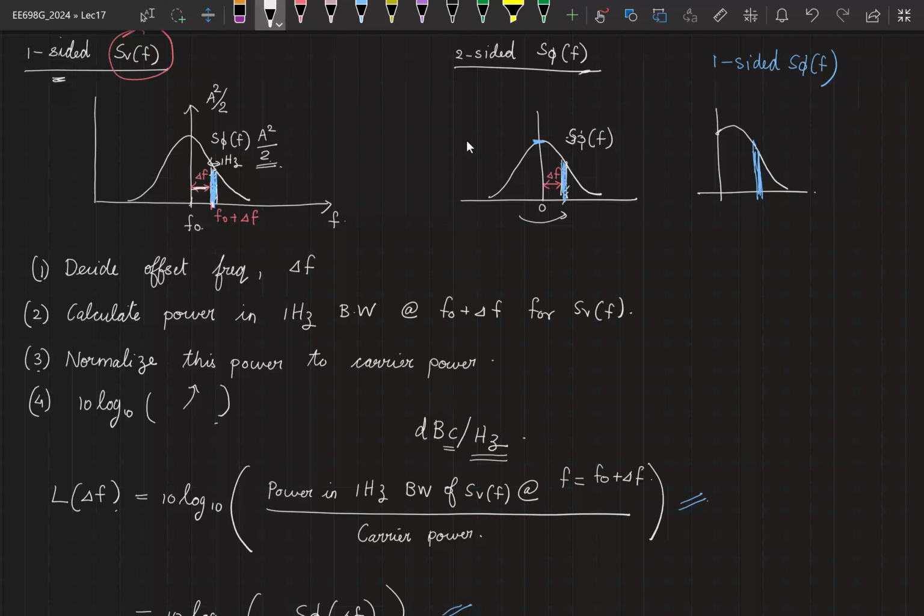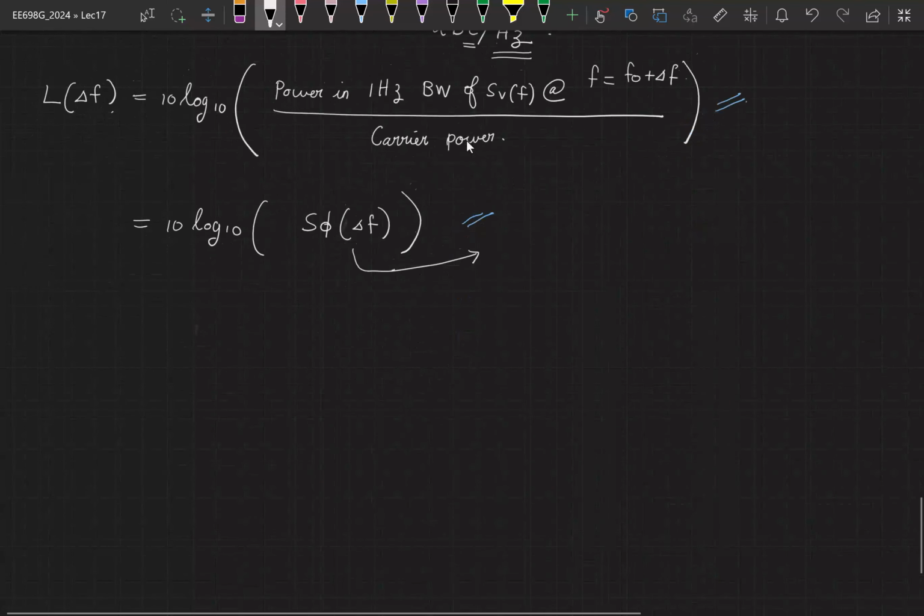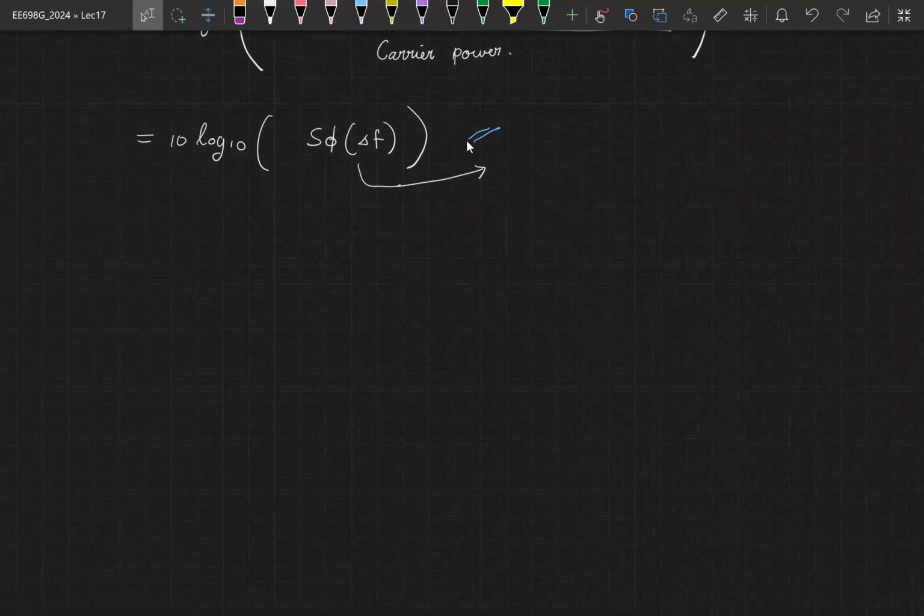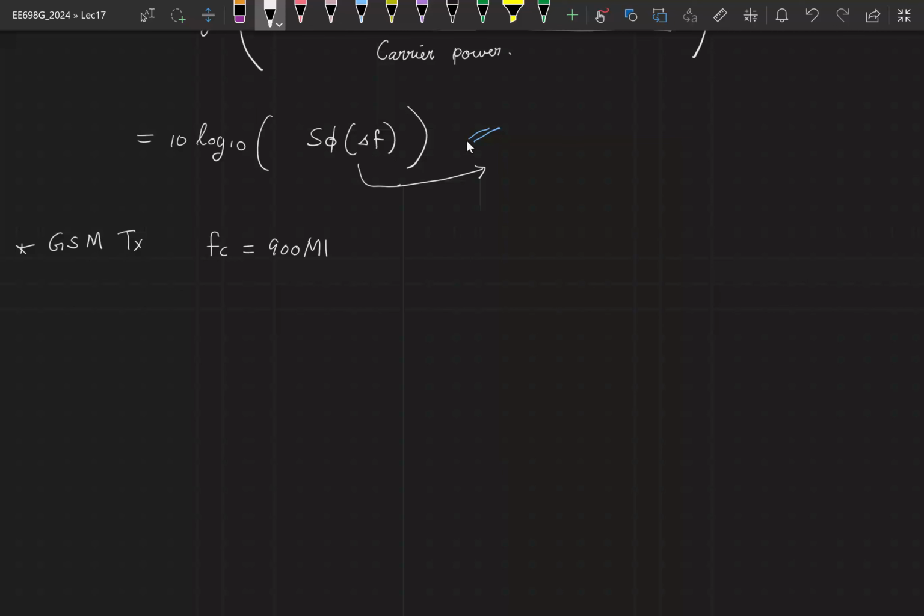For a lot of applications, there are constraints, there are standards to be met, and those standards are written out in terms of saying you should have so much phase noise or better, or a lower number, at certain offset frequencies. For example, take the GSM transmitter, which has a carrier frequency at 900 megahertz. The specifications are mentioned at delta F of 25 megahertz.